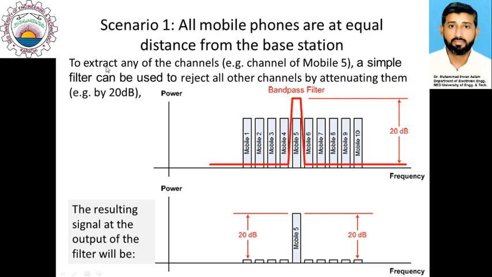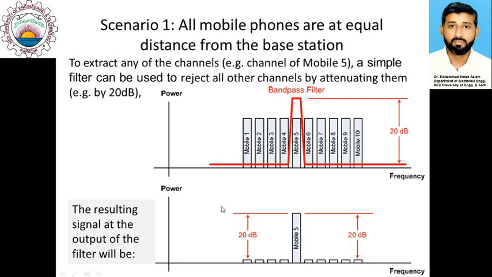So all the signals coming from all other mobiles will be suppressed by 20 dBs, like shown in the second diagram here. But the mobile number 5 frequency will pass through this band pass filter without any degradation in its power.